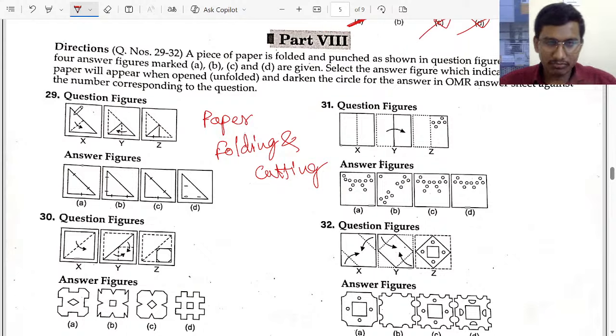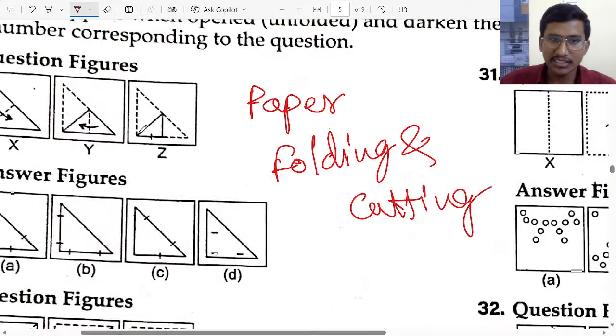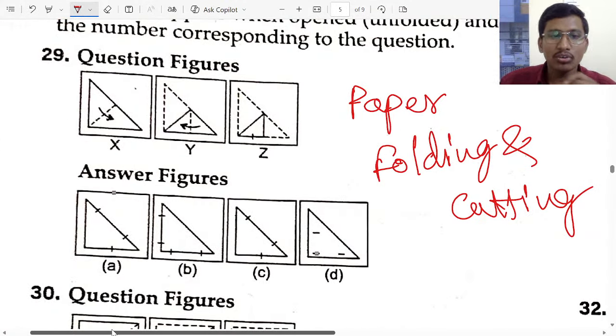This is a rectangular paper folded below, and again it is folded from this side. There is just a small mark here. If that is the small mark, how to do it here? Let us go in reverse.